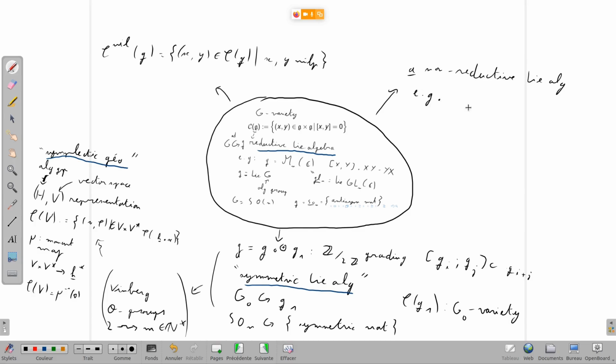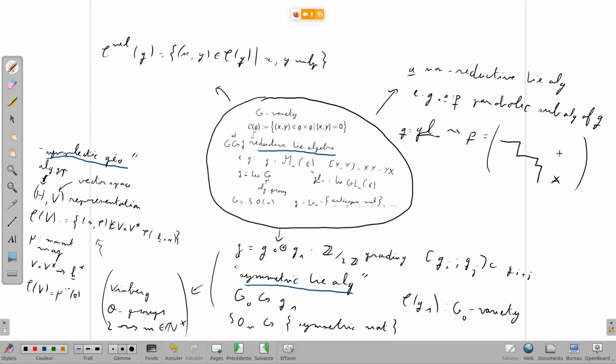And one example that's of interest for me is the case of a parabolic subalgebra, with the canonical example in gl_n, where p is just the set of endomorphisms which stabilize a given flag. So in some basis, this can be written as upper triangular block matrices.